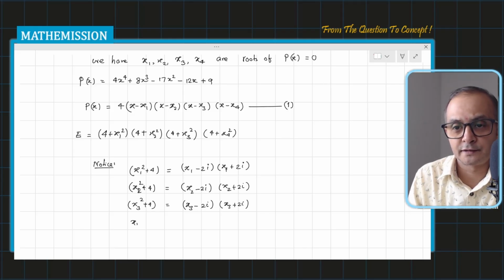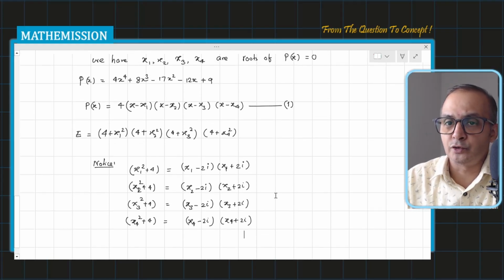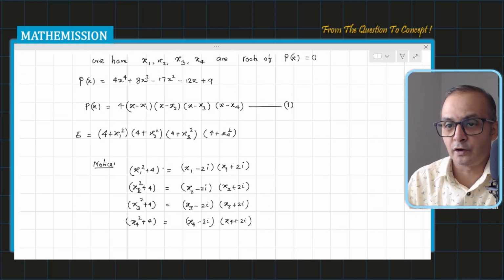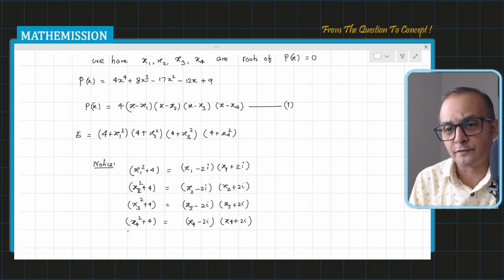And finally, x4 square plus 4 is (x4 minus 2 iota) into (x4 plus 2 iota). And we have to find out the product of these 4 only. So let's try to find the product in a different way.